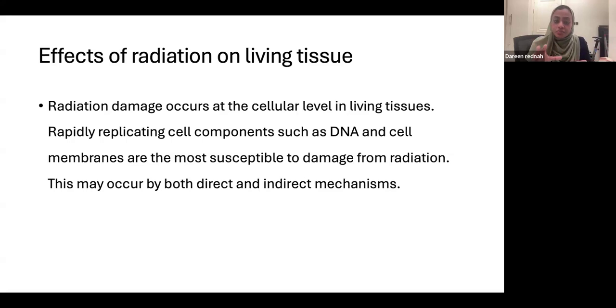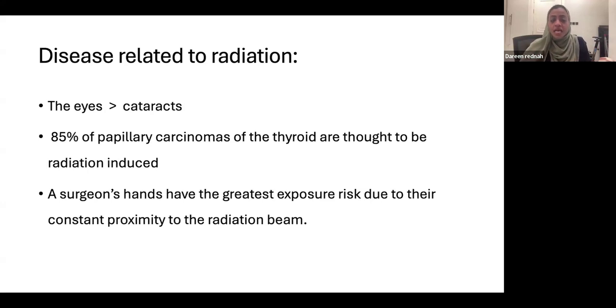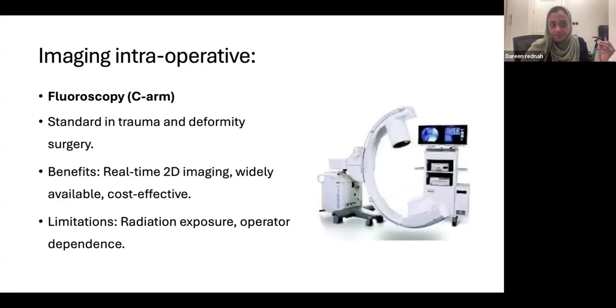This is either direct, by damaging the cell directly, or indirect, by forming free radicals that cause continuous damage to the cell. It can cause diseases like cataract in the eyes. 85% of papillary carcinoma in the thyroid is radiation induced. The surgeon's hand has the greatest exposure risk due to its constant proximity to the radiation beam.